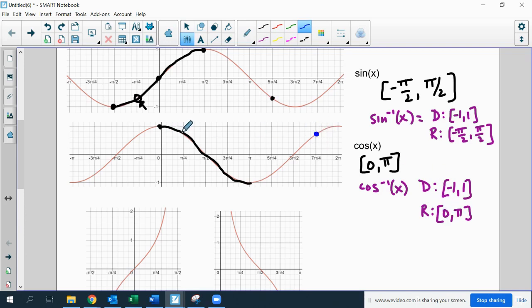What you would get back is pi over 4, because it has to have the exact same y value in cosine, but it has to be within this domain of cosine and this range of cosine inverse. So the only times you're going to get back what you started with are 0 to pi in cosine. Likewise, negative pi over 2 to pi over 2 for sine.